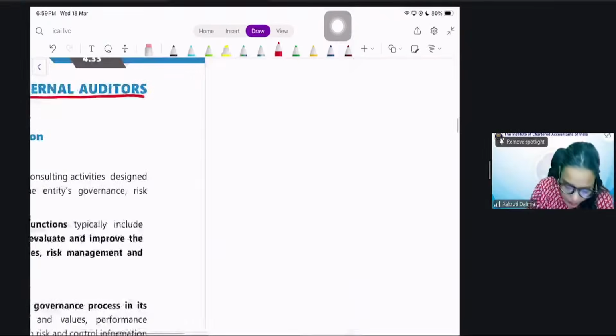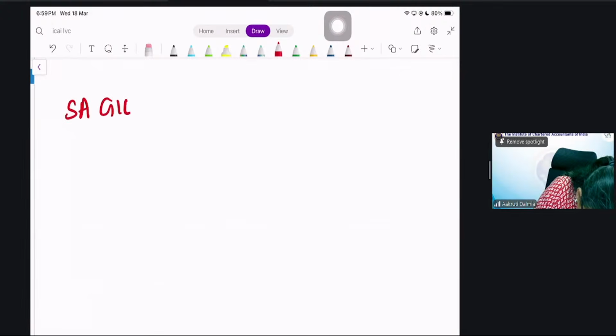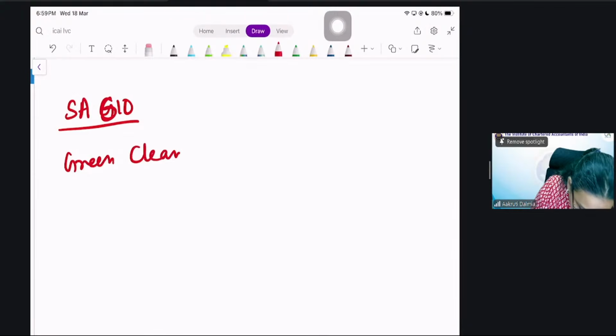So before I go into the standard, let me tell you a brief about it. As usual, we will first understand the standard, then we will go into the book. So what does this standard say? Let's say I am the auditor of Green Clean Limited.